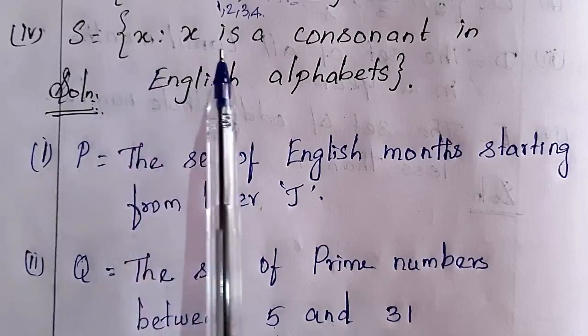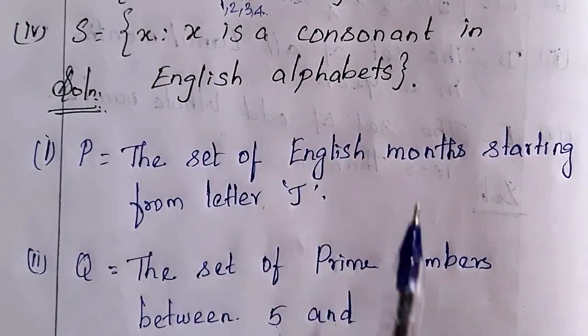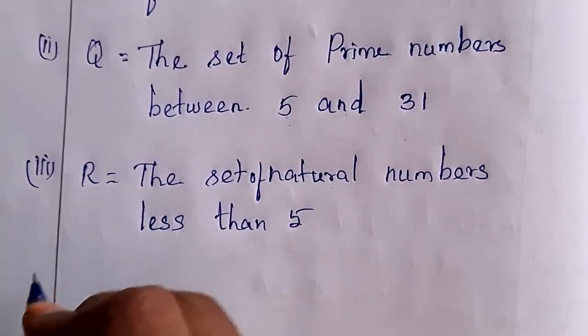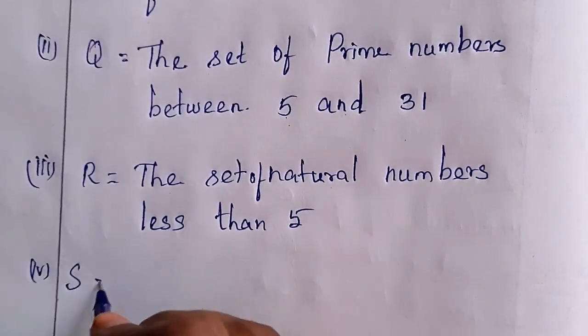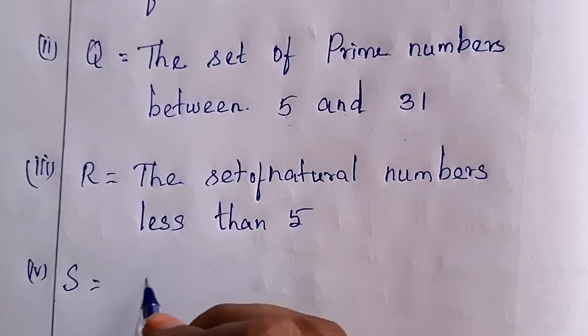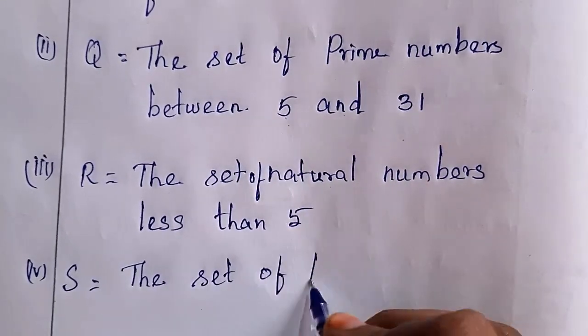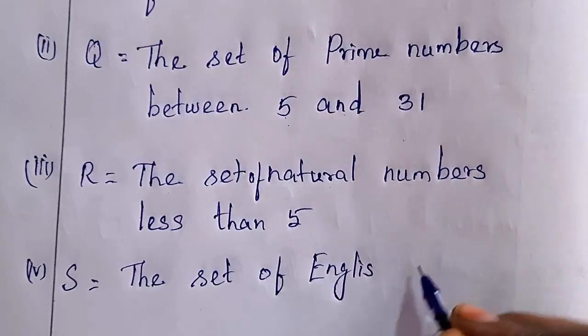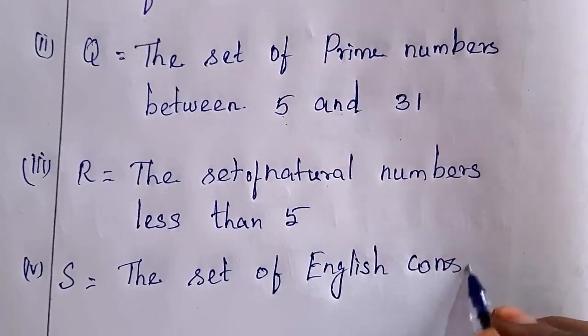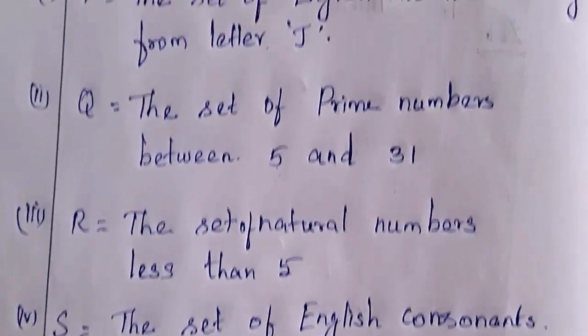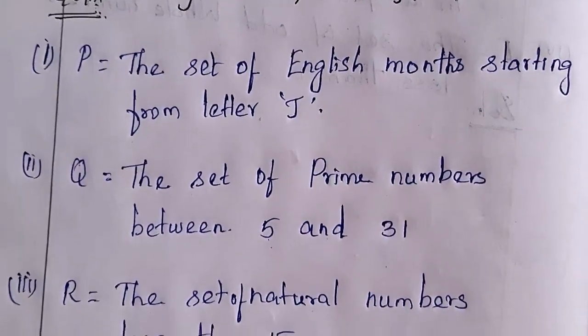Set of all x such that x is a consonant in English alphabets. Very, very simple. Listen how I write this. Fourth one, S equals the set of English consonants. That's all.